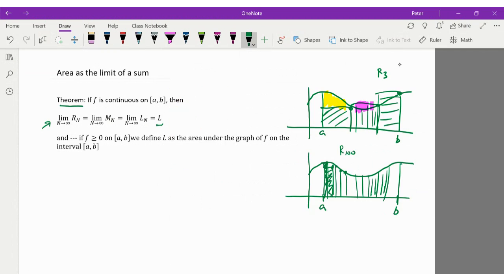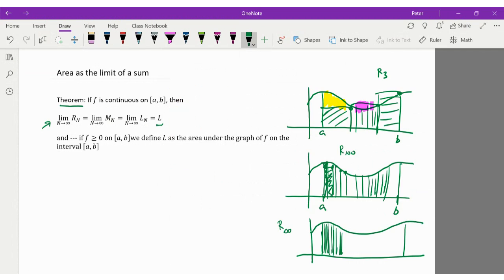So the question is, what happens if I instead find R infinity, where I take an infinite number of rectangles, but I make them infinitely skinny. So I'm adding up an infinite number of rectangles whose width is 0.